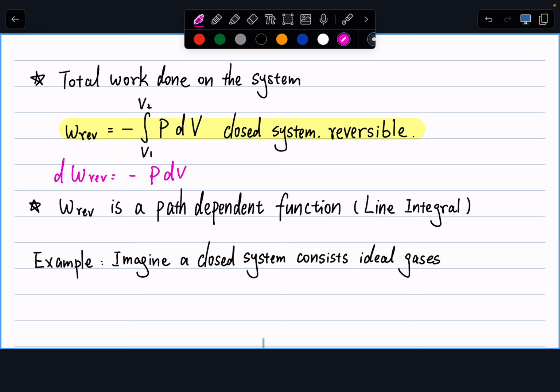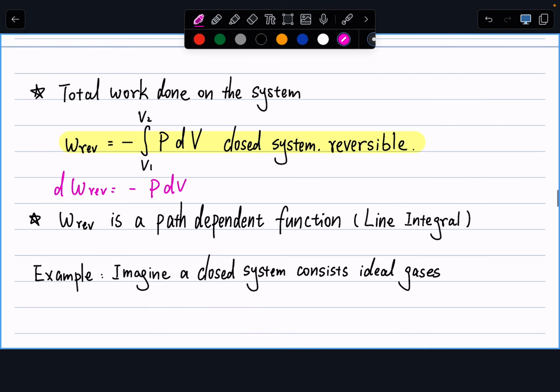Again, this fits our expectation, remember that work itself is a path-dependent function. We're talking about how we get from A to B, so the actual path of getting from initial to final state matters. Let's look at an example and see what exactly we mean when we say work is a path-dependent function.